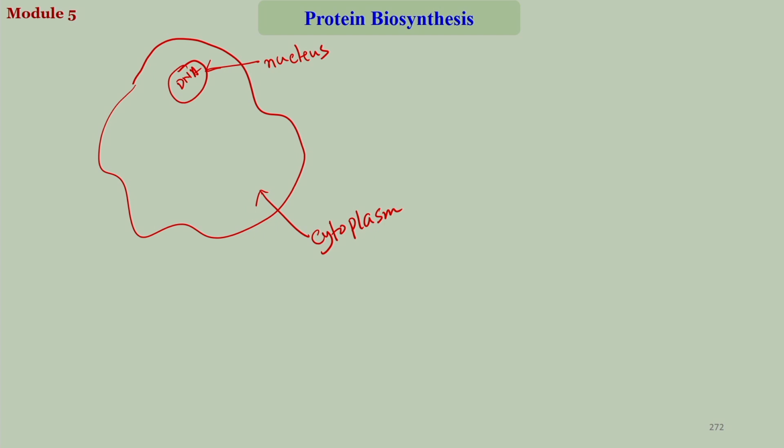Now we have seen that DNA is the genetic storage unit. It carries all the genetic information and it passes on the information to the newly generated cells when cell division happens. So, we call DNA the headquarter of the cell, which controls all the cellular functions.